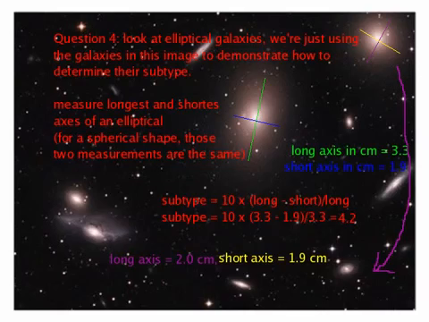Okay, so then here we would get a subtype of 10 times 2.0 minus 1.9 divided by 2.0.